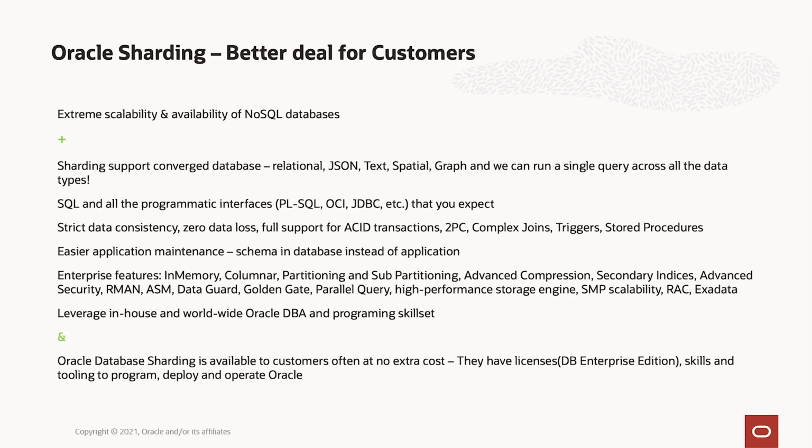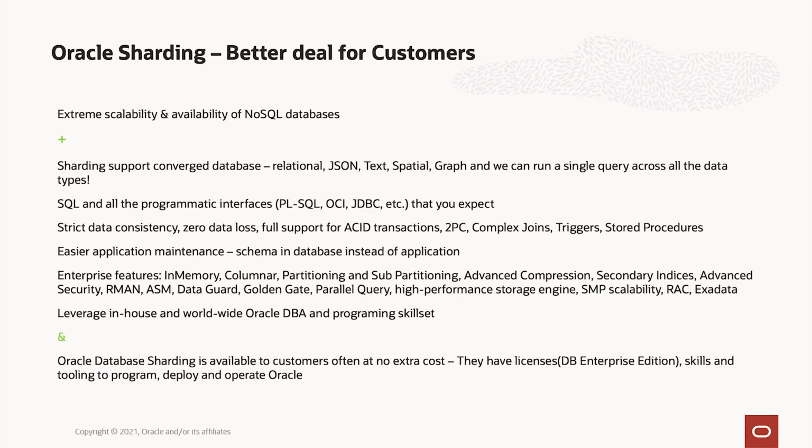That includes converged database. You can shard your relational data, text, spatial, graph. You can actually run a single query, as I said, across all these different data types. You can get all your strict data consistency, zero data loss. Get the full power of SQL and many other programmatic interfaces which you are already used to using.